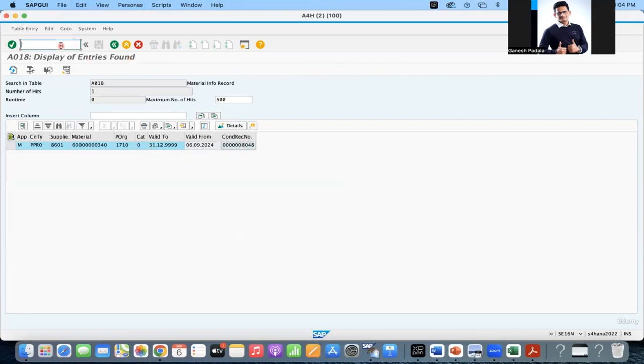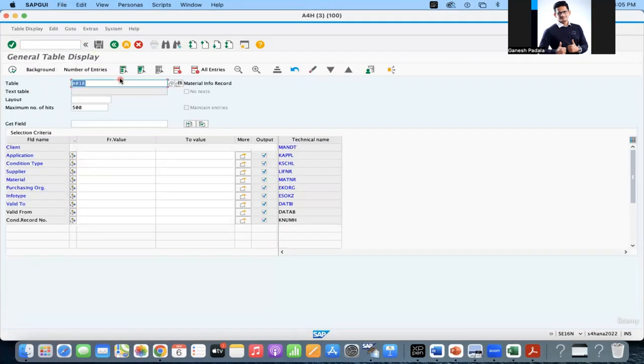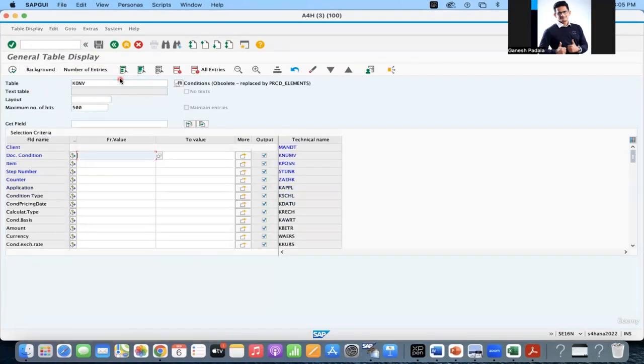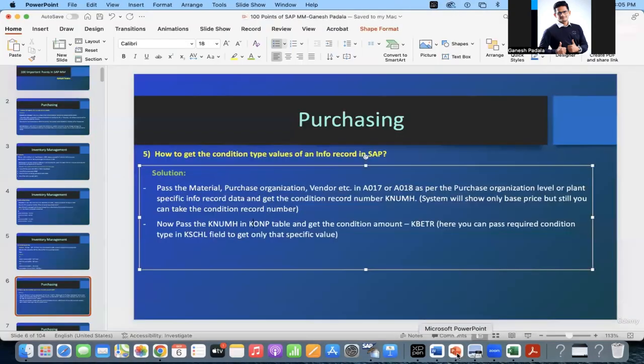KNUMH. Now you go to /OSC 16N and pass KONV is replaced there. Like I mentioned in our S4 HANA course also, how that KONV table is replaced, but KONP is still available here.